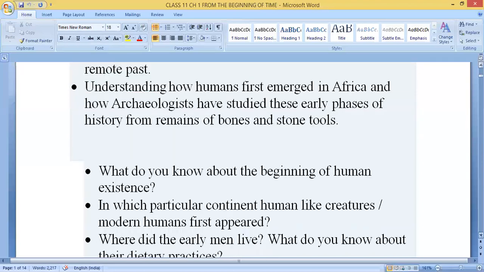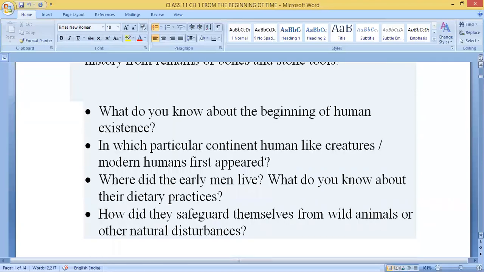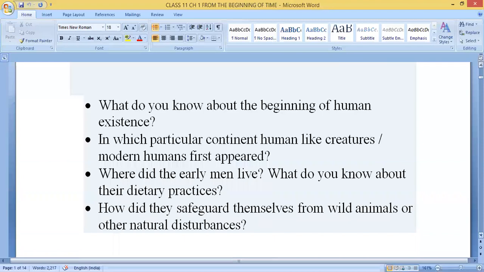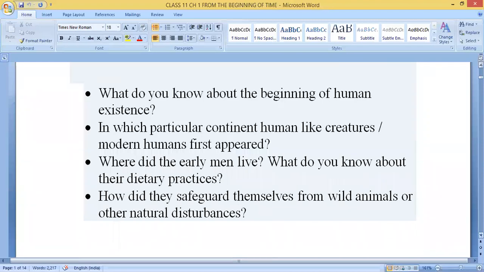Now, a few questions might come to your mind. What information do you have about the beginning of human existence? In which particular continent did human-like creatures or modern humans first appear? Where did the early men live? What exactly do you know about their dietary practices? What exactly did they used to eat?